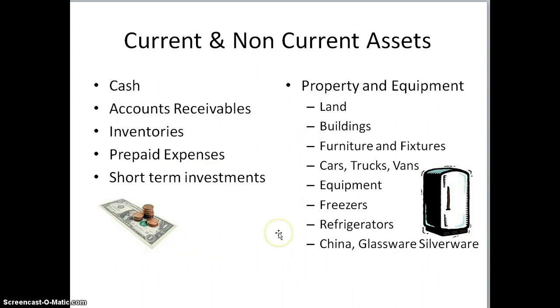So again, we have current and non-current assets. I'm going to give you some examples of both. So cash by definition is current because it's anything that will be converted to cash and it's already there. Accounts receivable, again, this is what your customers owe you, the money that the customers owe to your business. So hopefully they pay you back in less than a year.